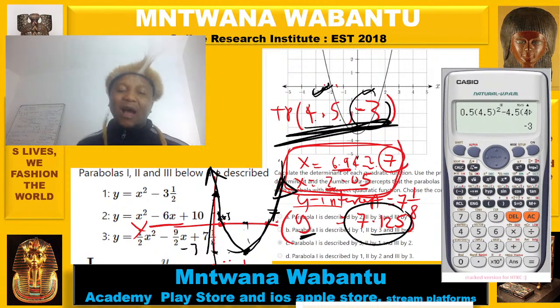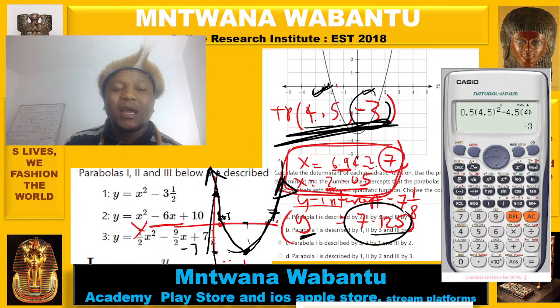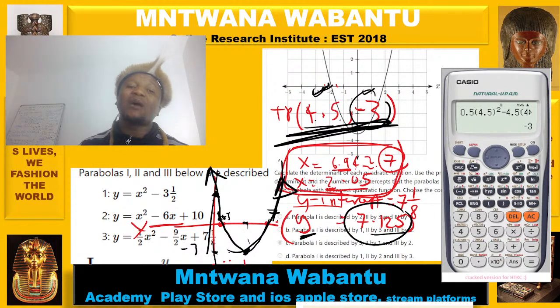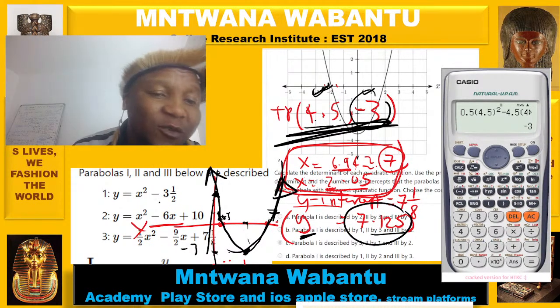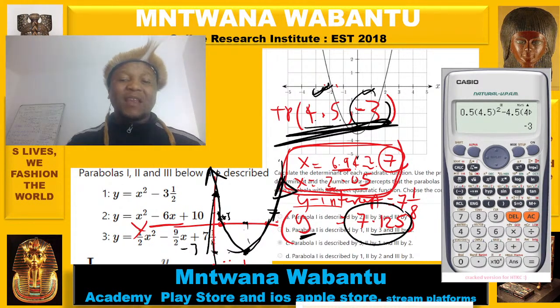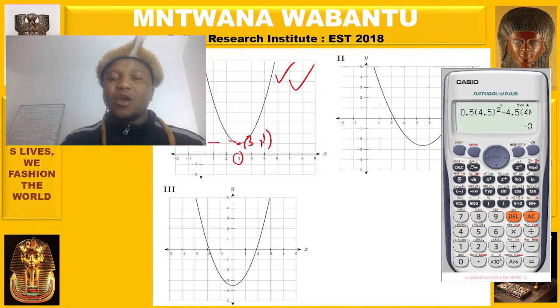So this graph right now has the X-intercepts. You can use a formula or you can use a calculator. I'll say if you have a calculator like mine or similar, use a calculator because it's going to give you accurate answers. It's not going to waste a lot of your time. And if you come here now, you say, well, which graph is there? This one here.